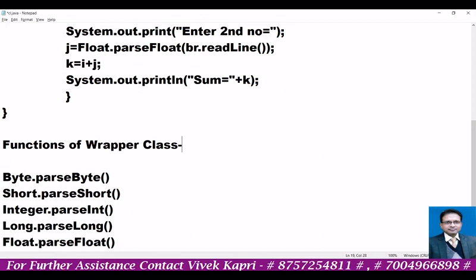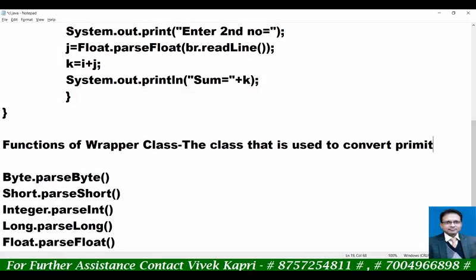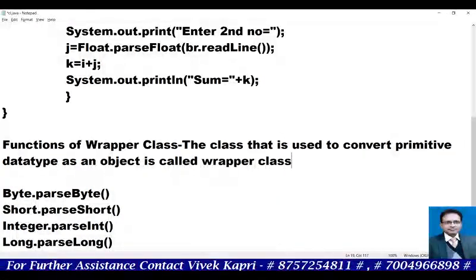Just now I'm defining here the class that is used to convert a primitive data type into an object is called a wrapper class.